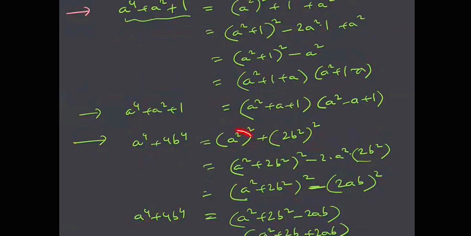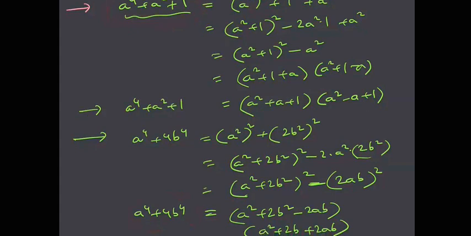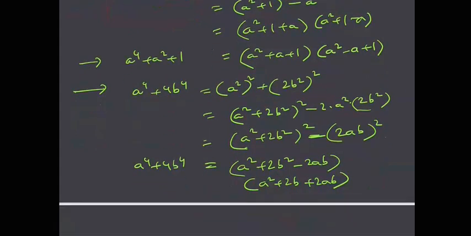Then you can write it as a plus b whole square minus 2ab, and then it will get factorized automatically. And similarly for this one, you can write it as a square whole square plus 1 square, and then you can factorize it, right? So you need to remember these expressions, a power 4 plus a square plus 1 and a power 4 plus 4b power 4. So whenever you see these expressions, you should quickly remember that we can factorize this.